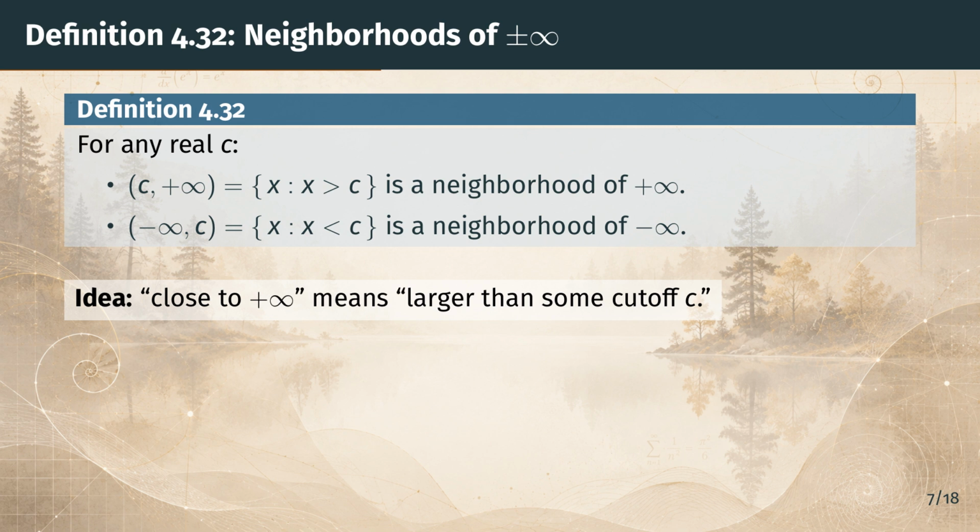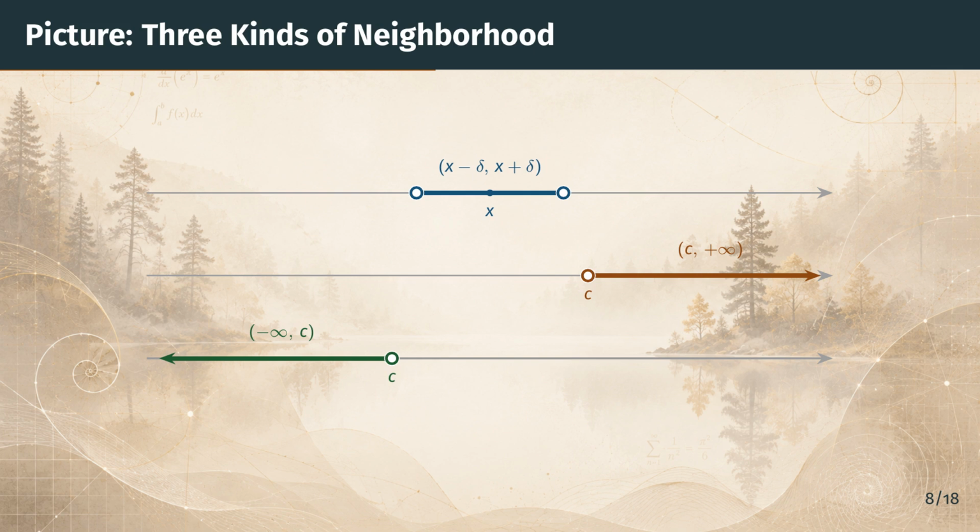Let's picture it. This picture lines up the three kinds of neighborhood. On the top line, in blue, is the familiar neighborhood of a real number x, a bounded segment around x with open endpoints. On the middle line, in orange, is a neighborhood of plus infinity, a ray that starts just past the cutoff c and shoots off to the right forever, shown by the arrow.